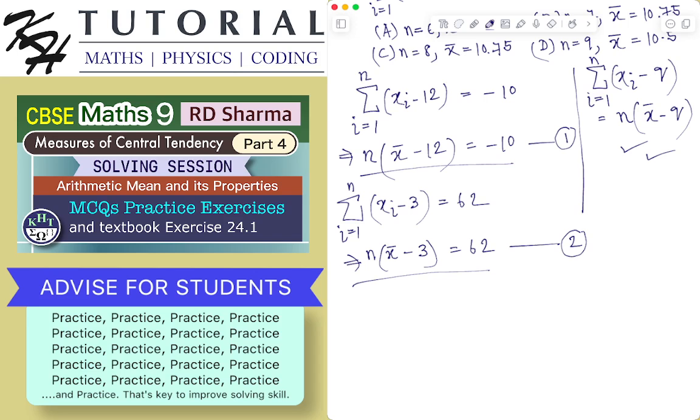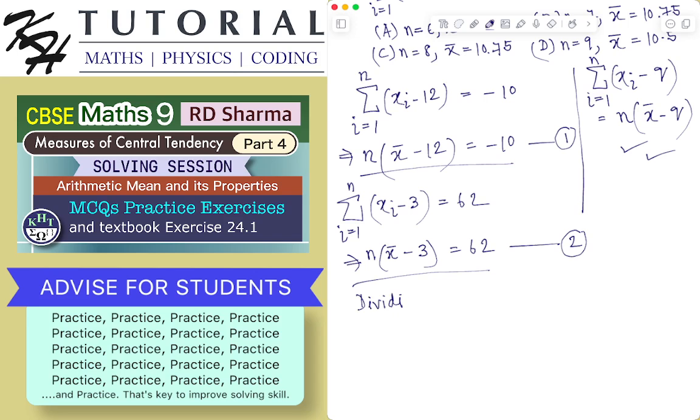All the intuitive techniques, strategies and steps will not be there in the textbook. You have to figure that out yourself, and that comes with a lot of practice of good quality problems. Okay, so you can divide 2 by 1 or 1 by 2, it does not matter.